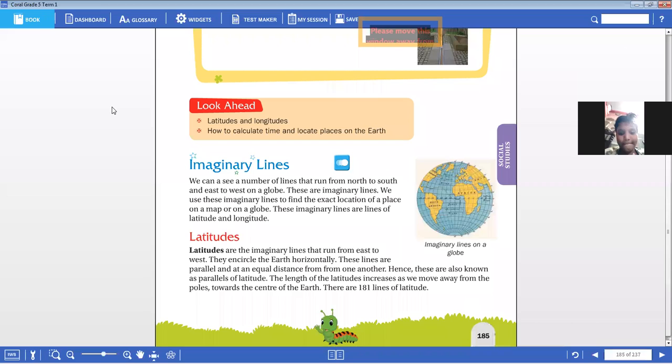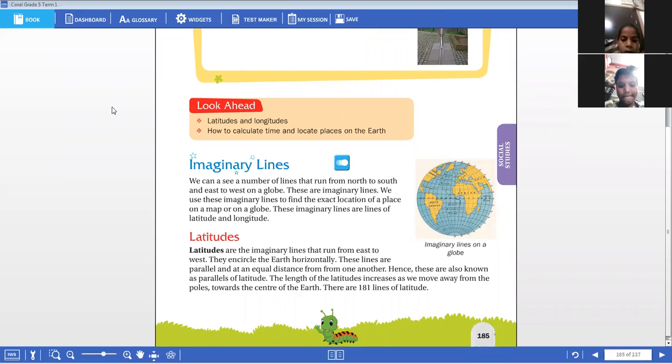How many are there? 181 latitudes. Is it clear, children? 181.